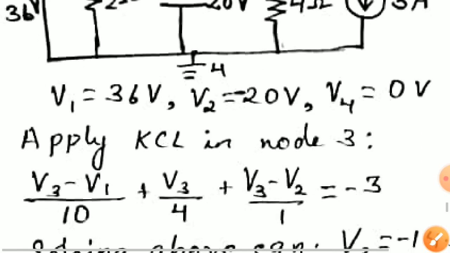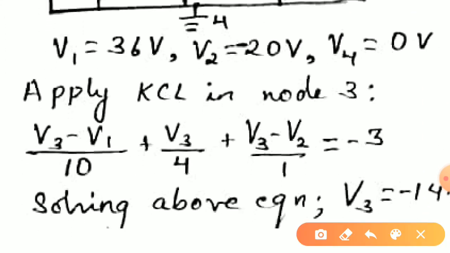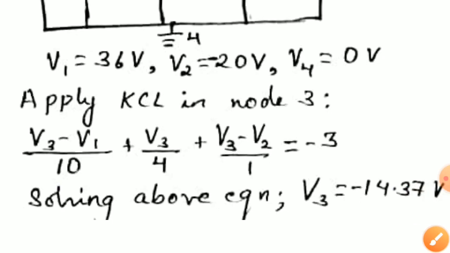So we can see here the node equation for the third node is V3 minus V1 upon 10 plus V3 by 4 plus V3 minus V2 upon 1 is equal to minus 3. For finding node voltage using nodal analysis, we need to find the values of V1, V2, V3, V4, which are node voltages available in the question or in the circuit.